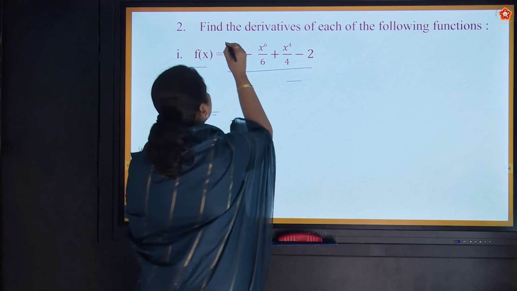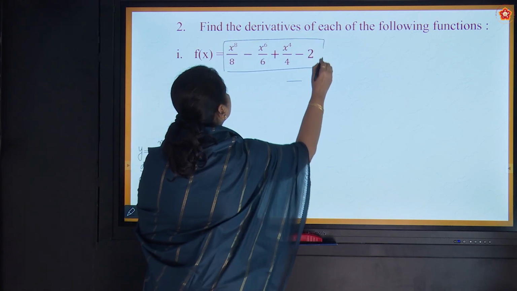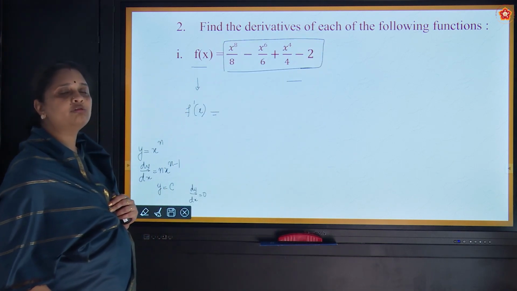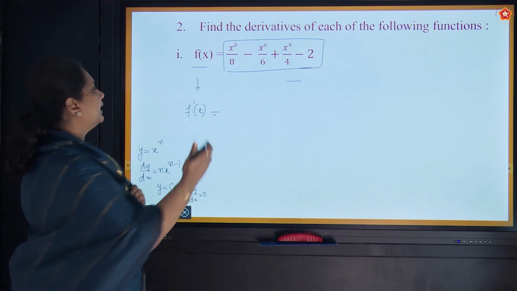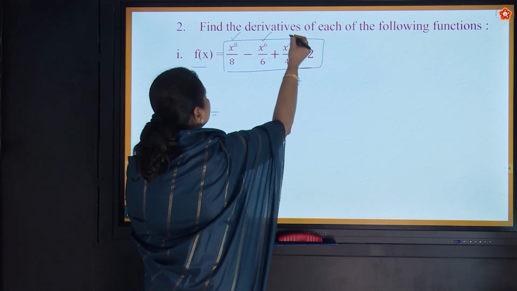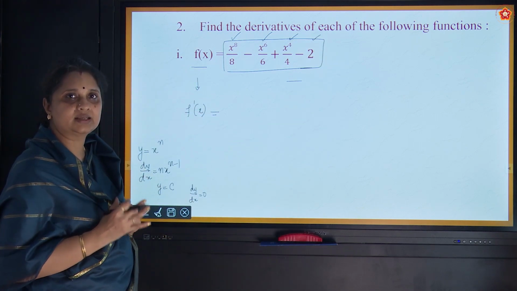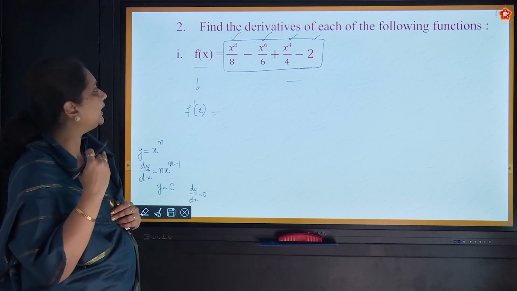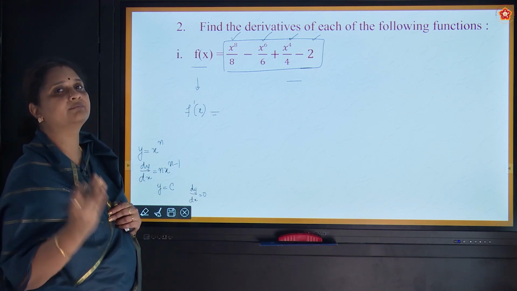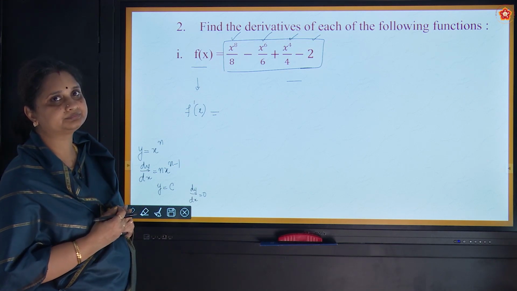If you see here, it's sum of functions. So I have 1 here, 1 here, 1 here, 1 here. Or all terms put together. It's an algebraic function. So each and every term will be differentiated.